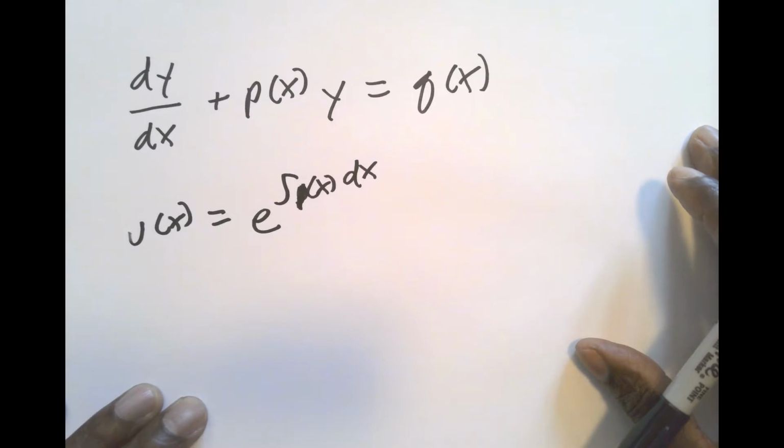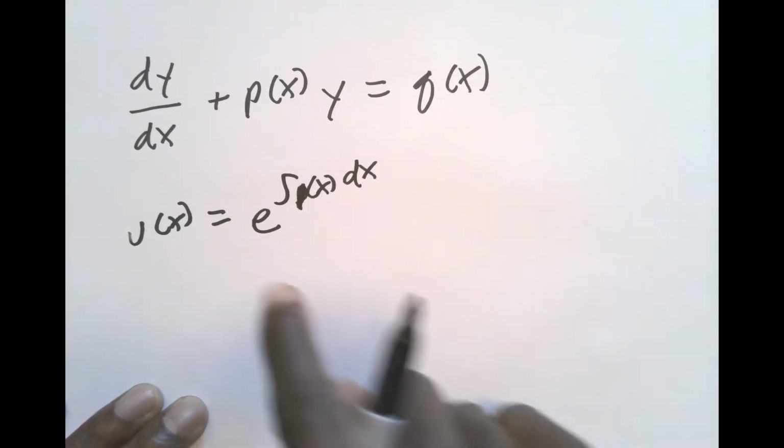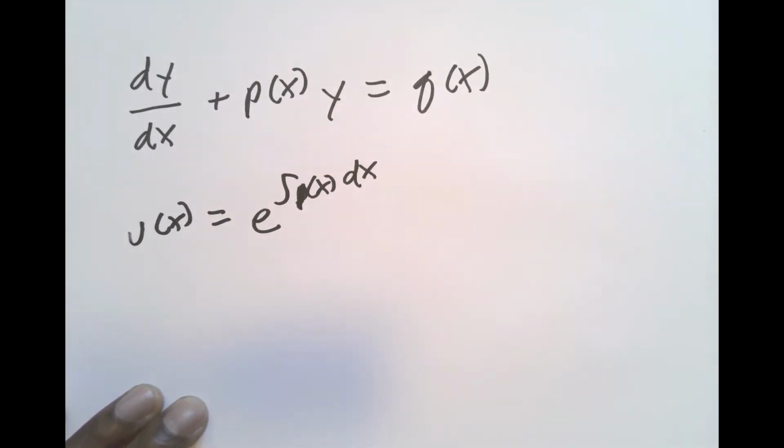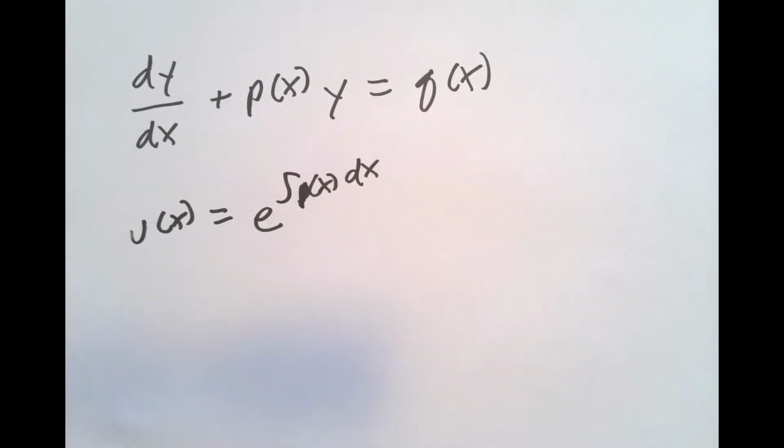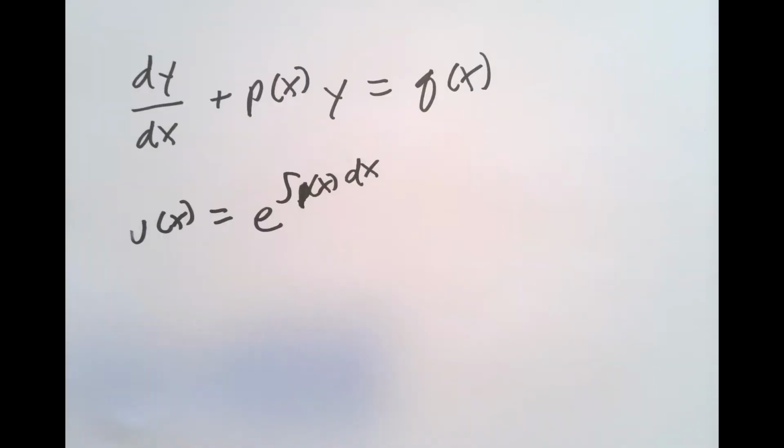I think you know my intention. So that's the integrating factor. Basically we're trying to solve for y, and multiplying by this integrating factor makes solving for y easier because it makes the integration easier. So let me show you what I mean.